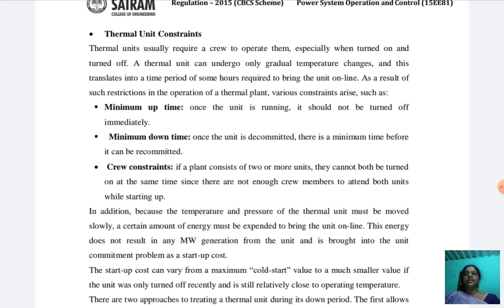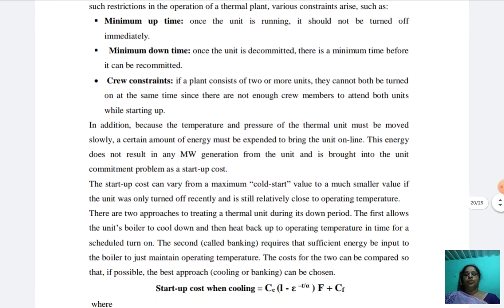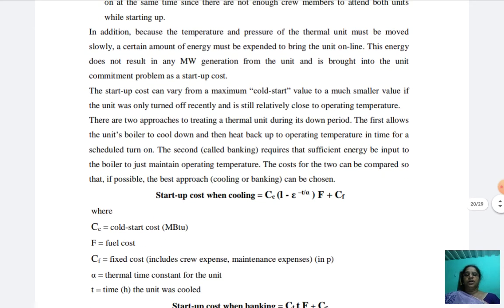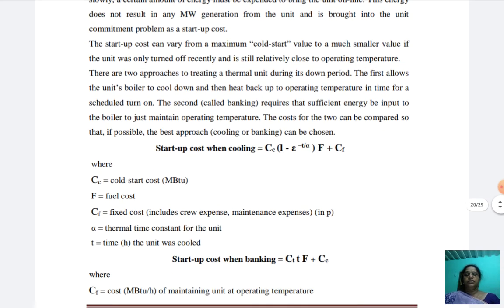If a plant consists of two or more units, that is the power system consists of two or more generators, they cannot both be turned on at the same time since there are not enough crew members to attend both units while starting up. In the crew constraints, we calculate the cold startup cost and then banking startup cost.